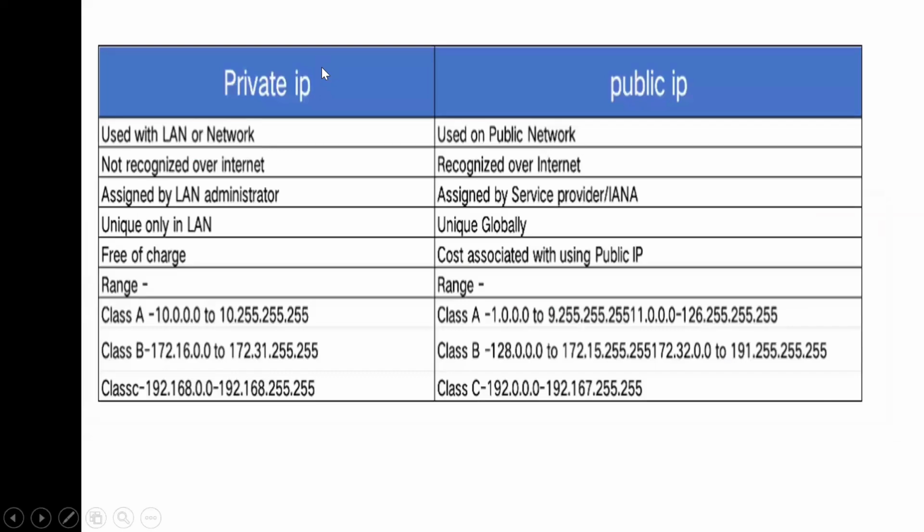As mentioned, a private IP is used with a LAN or a network. Private IP is not recognized over the internet, assigned by a local LAN administrator, unique only in the LAN, free of charge. So these are all the specifications of a private IP.